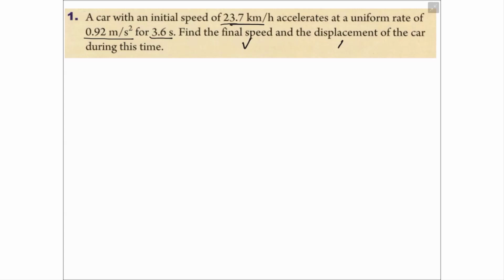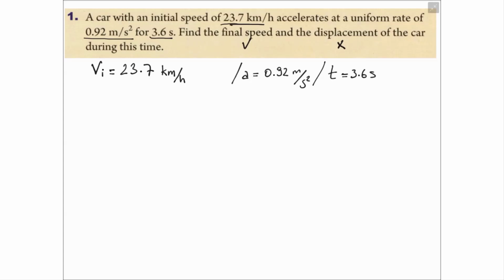And here let's write the givens. V initial equals 23.7 km per hour, and another given, acceleration, which is 0.92 meters per second squared, and the time is given, which is 3.6 seconds.